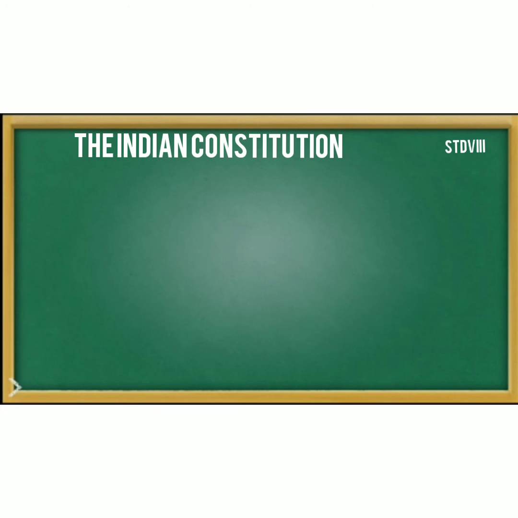And these fundamental rights are called the conscience of the Indian Constitution. Okay, so what is known as the conscience of the Indian Constitution? So that is the fundamental rights. The fundamental rights protect the citizens from arbitrary or absolute power of the government.